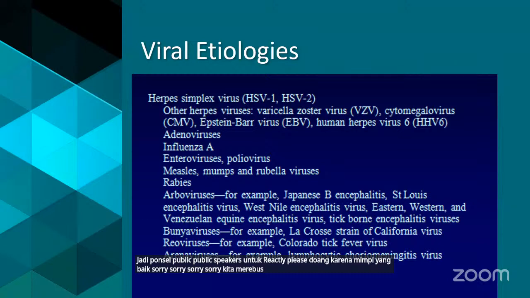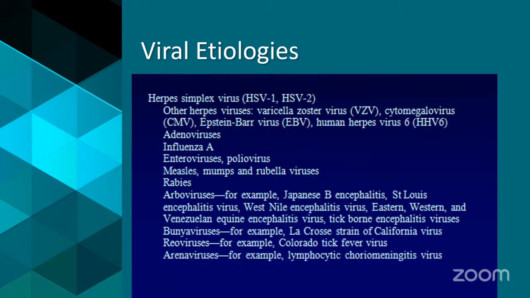Then arboviral encephalitis is also something that we need to be very much aware of, especially Japanese encephalitis, which is supposed to be the commonest cause of encephalitis in India, as well as West Nile encephalitis. The clue in JE, Japanese encephalitis, is that since there is a tropism towards the basal ganglia, patients can present with extrapyramidal features.